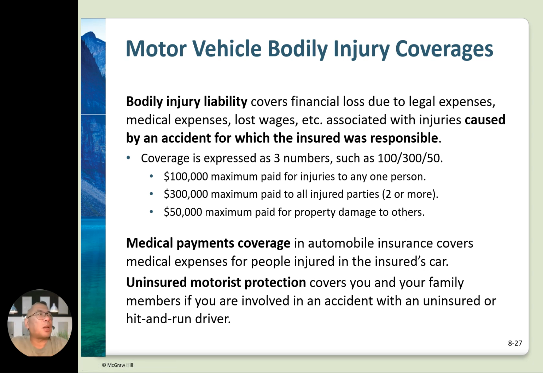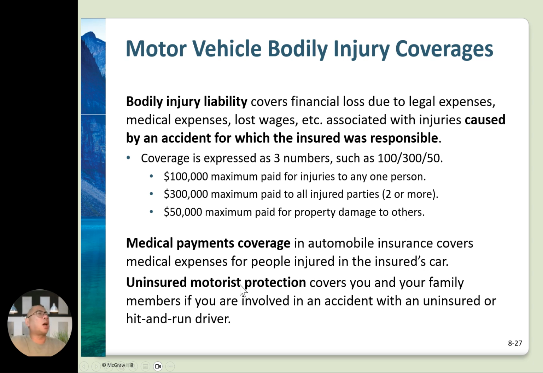Coverage can be expressed in three numbers: 100/300/50. 100,000 is the maximum paid for injuries to one person, 300,000 is the maximum paid to all injured parties, two or more, and 50,000 is paid for property damage to others. Medical payment coverage is automobile insurance that covers medical expenses for people injured in the insured car. Uninsured motorist protection covers you and your family members if you are involved in an accident with an uninsured or hit and run driver.